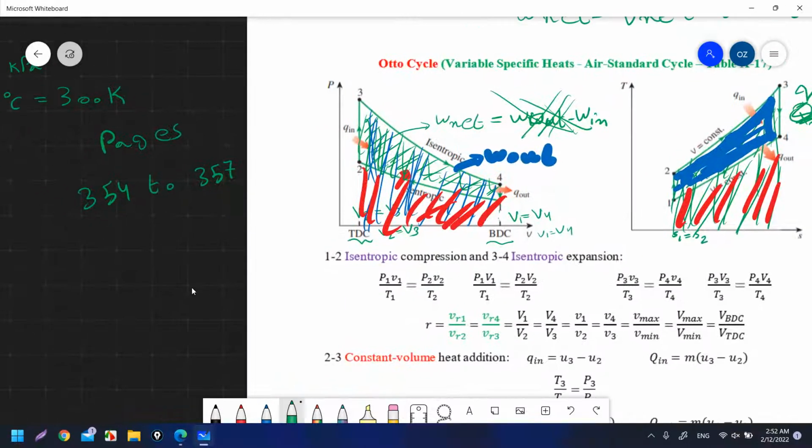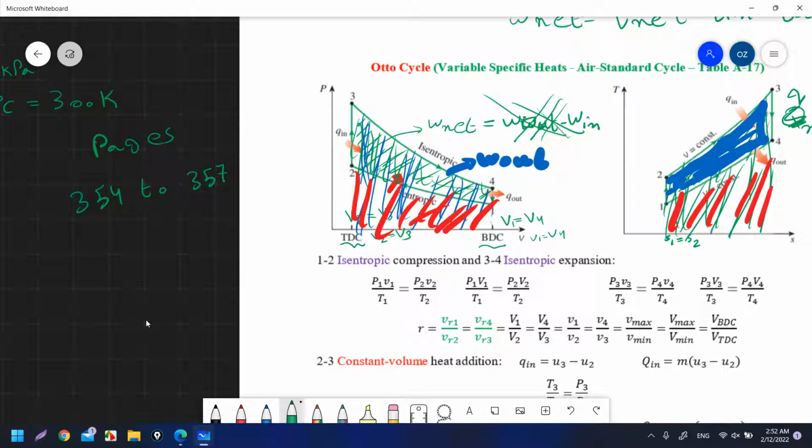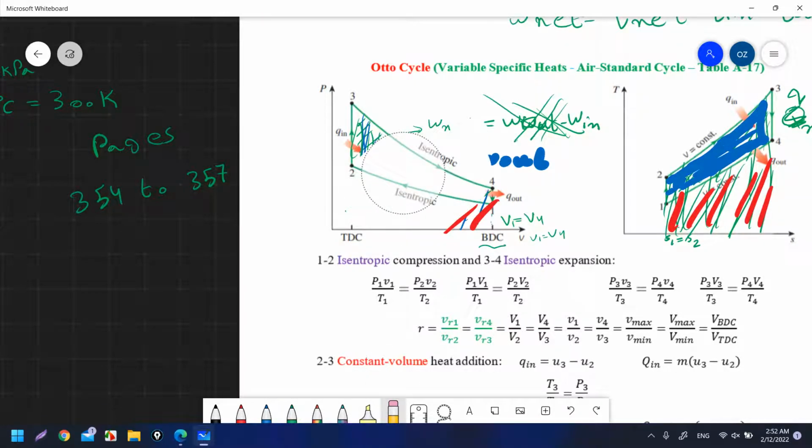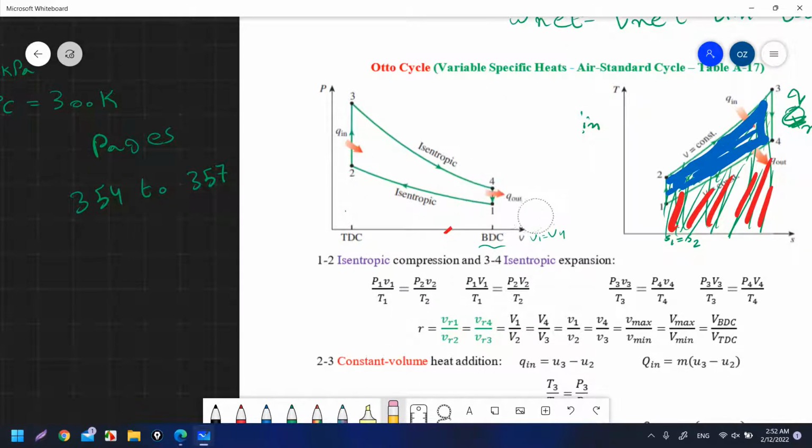What about the mean effective pressure? Mean effective pressure. I removed this. The mean effective pressure, we knew that the W net is the area enclosed inside the cycle, that is W net. We are searching for a pressure.